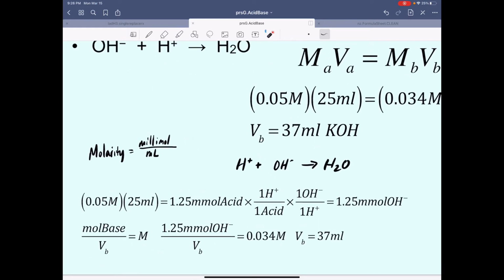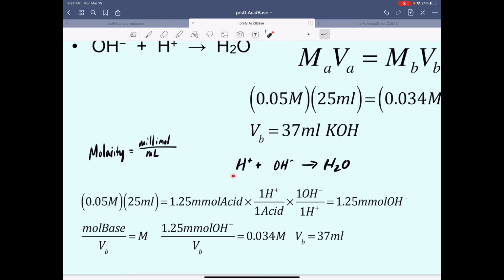First, let's look at maybe we want to say it's the long method. Let's remind ourselves that molarity is moles per liter or millimole per milliliter. So if we cross multiply molarity times volume, the molarity of the acid times the volume of the acid would give us millimole of acid. And this is a monoprotic acid, 1 H plus per acid molecule.